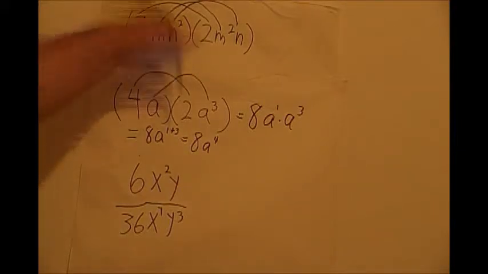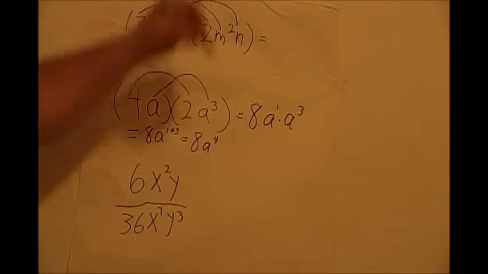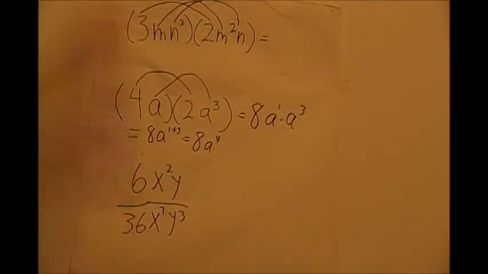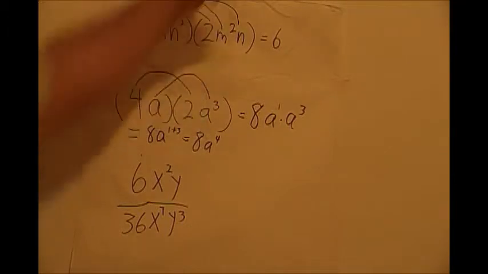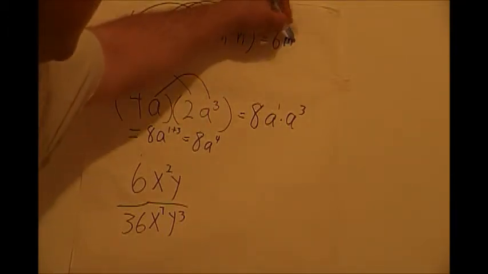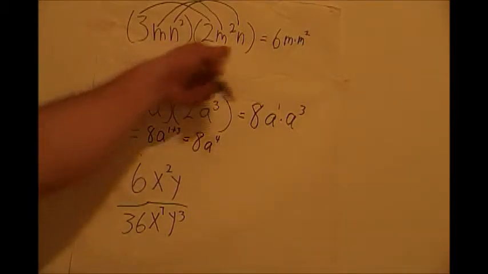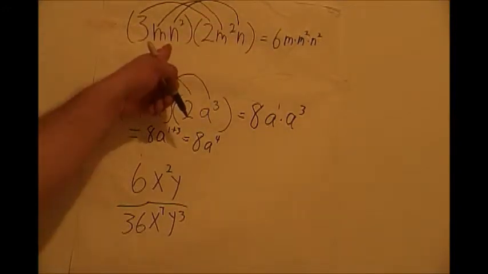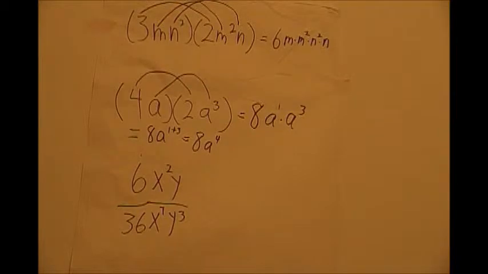So what's 3 times 2? That equals 6, okay, and then m times m squared, and then we're going to have n squared times n, okay?